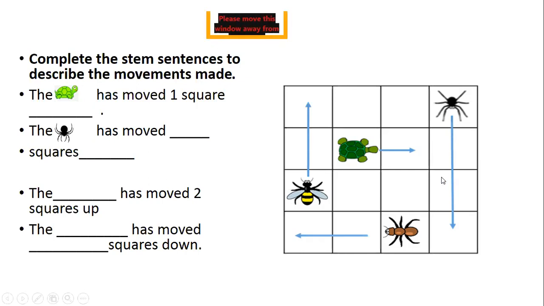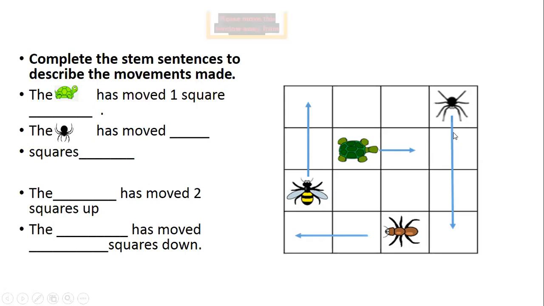Dioli, help him. Forward. It's moving forward. How many squares? So the spider has moved how many? 3 squares. Very good. Please pay attention. Look at where the head and the eyes of the spider are.